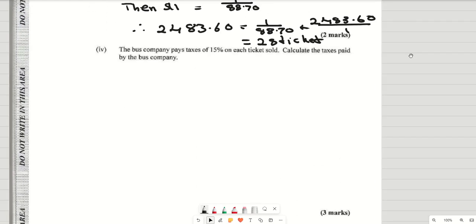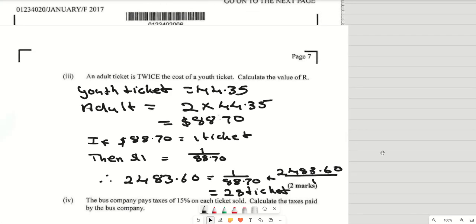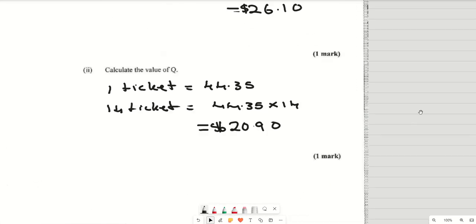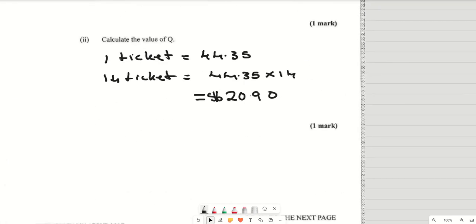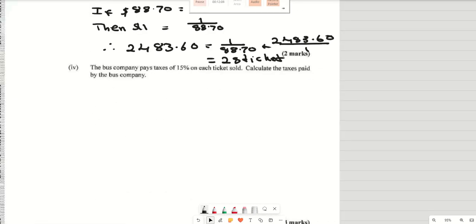Right, now let's read your last question. A bus company pays tax on 15% of each ticket. So calculate the taxes paid by the bus company. So in this question, we need to find out what is the total, right?